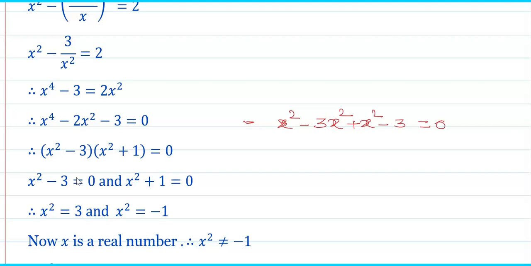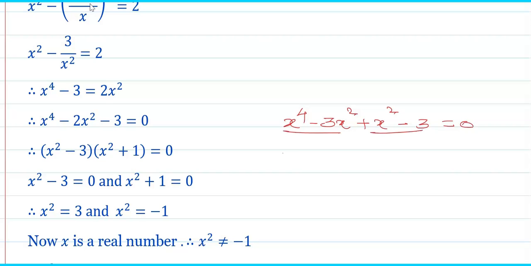Okay, by mistake, I will write again. x raised to 4 minus 3x square plus x square minus 3 is equal to 0. From these two, x square is common, then in bracket you will get x square minus 3. Again 1 is common, in bracket x square minus 3, and that's equal to 0.